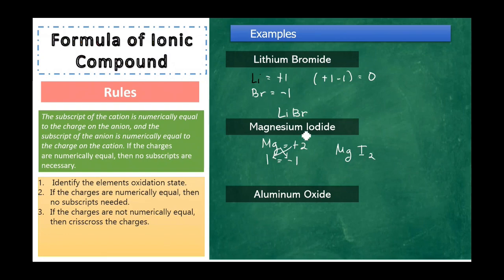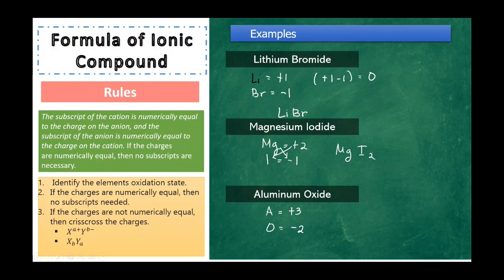Now, let's have another example, aluminum oxide. Okay, so it can be seen like this. So A will go to Y, and then the B will go to X. And the aluminum is positive 3, and our oxygen is negative 2.